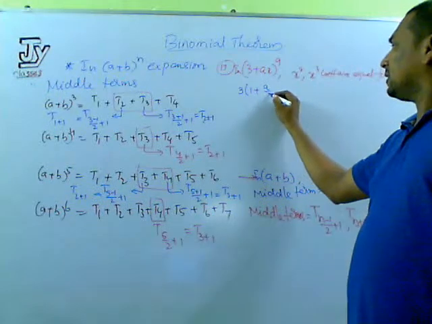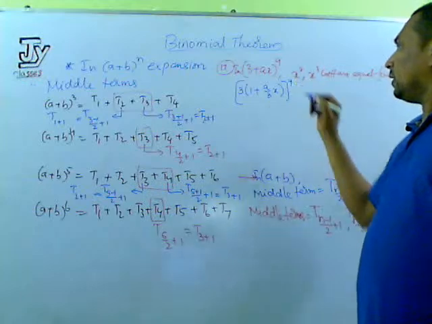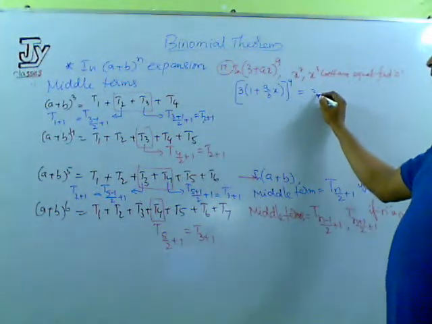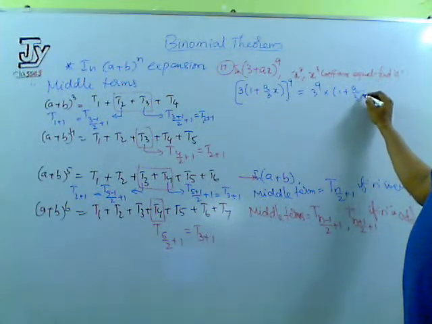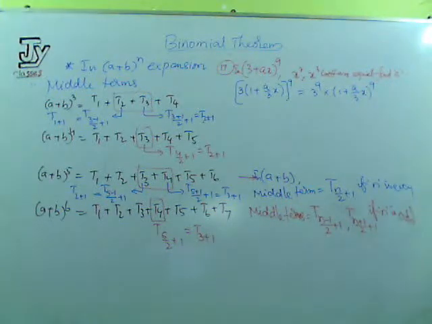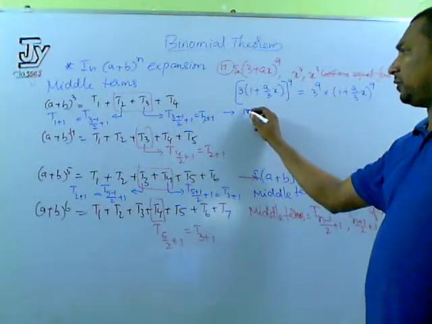Then it is 3 to the power of 9 into (1 plus (a by 3)x) whole to the power of 9. Okay.